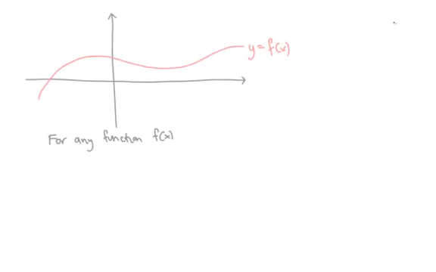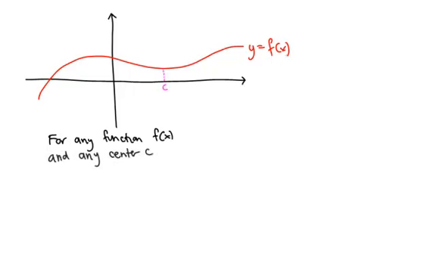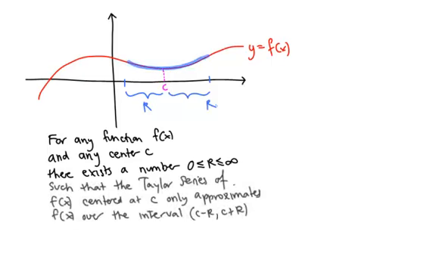So let's summarize what we've just seen. For any function f of x, and any choice of center c, there exists a number r which is greater than or equal to 0 and less than or equal to infinity. And it has the property that the Taylor series of f centered at c only approximates the function on the interval from c minus r to c plus r.